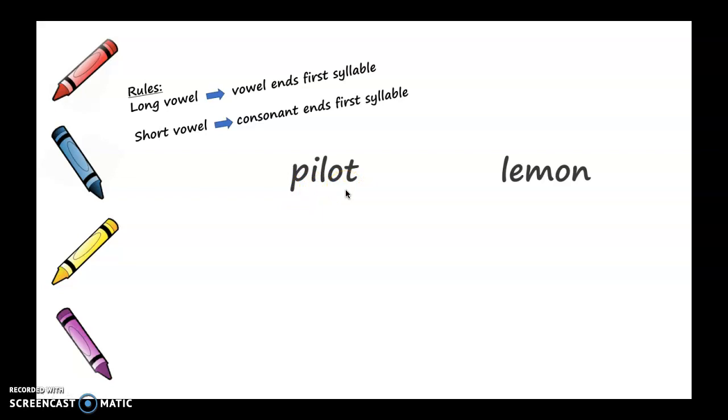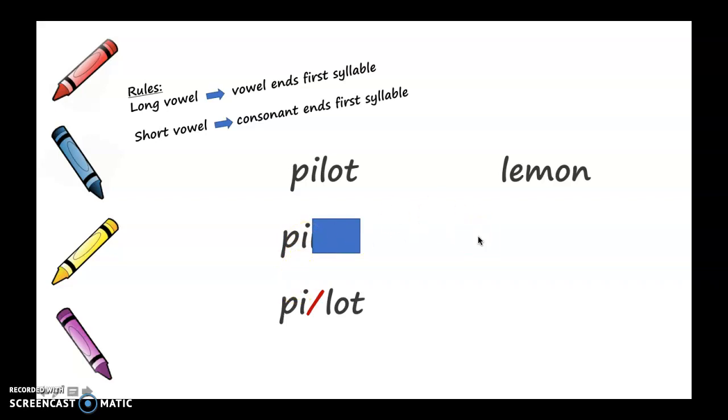I hear the long vowel I. Pilot. Therefore, I have to chunk the word after the first syllable, or at the end of the first vowel. I says its name, pi-lot.